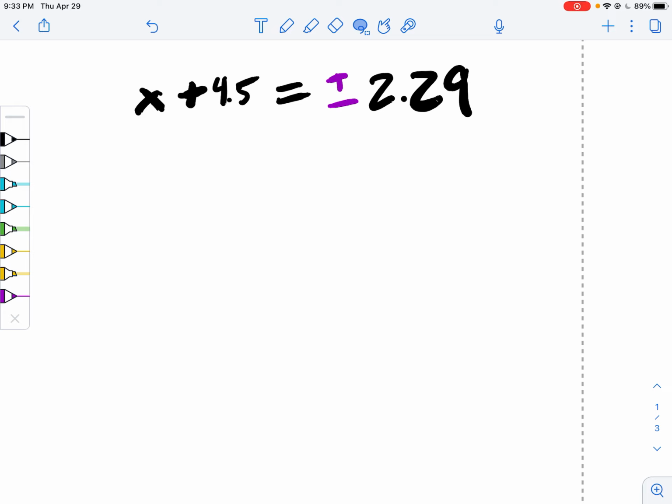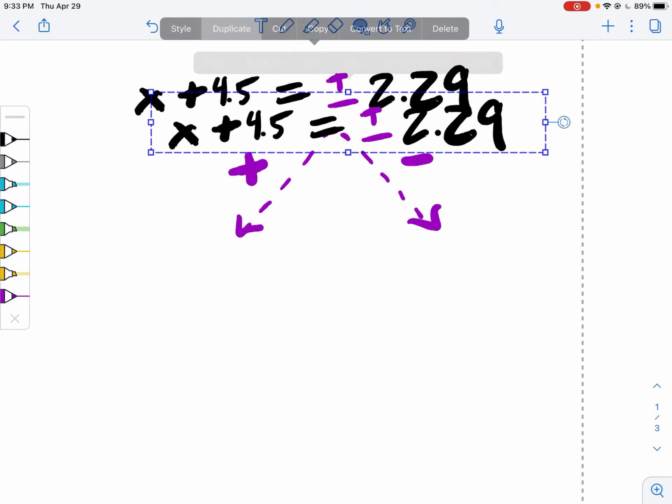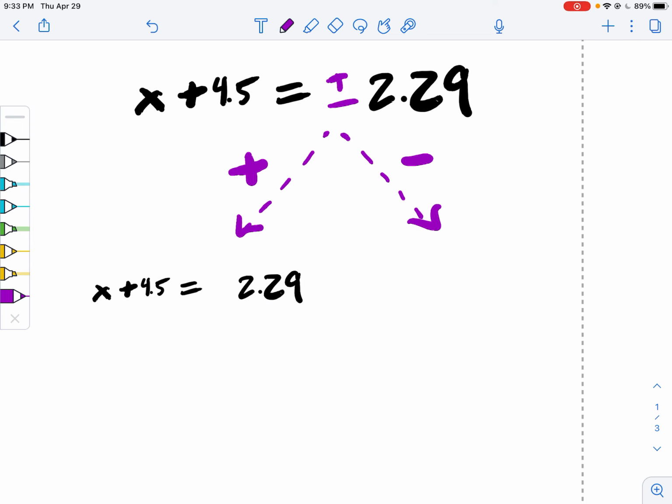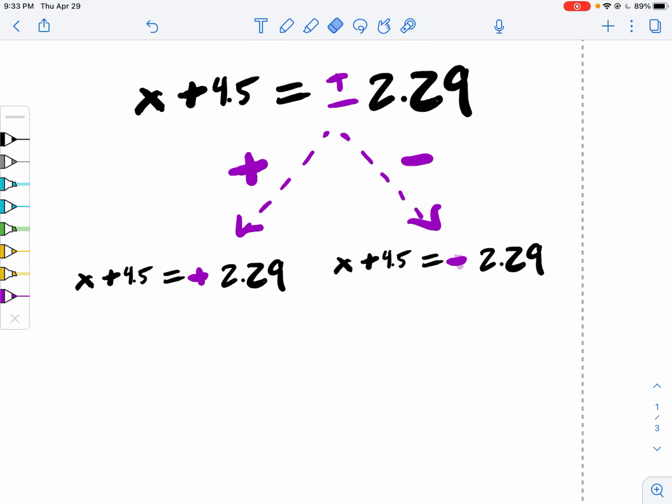Now we're almost there. Because we've got this plus or minus, we're actually going to split it into two equations: our plus side and our minus side. So we have x plus 4.5 equals a positive 2.29, or x plus 4.5 equals a negative 2.29.